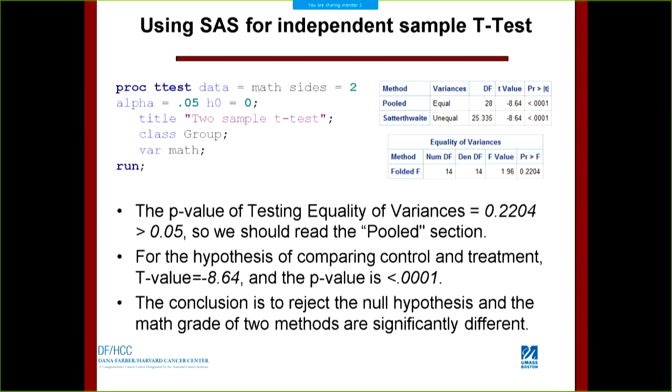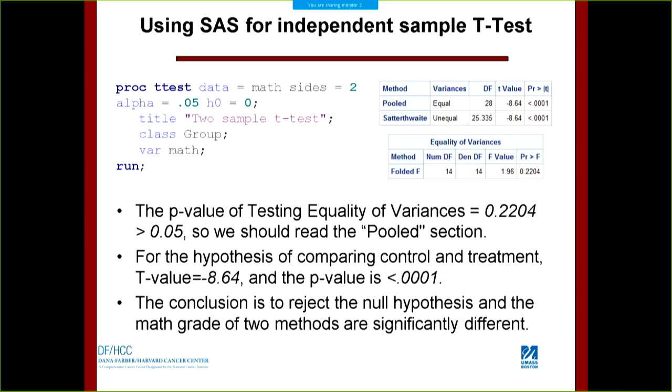The equality of the variance is not rejected, so we can use the pooled t-test here, and those are the same t-statistic values you saw in SPSS. The test of equal means is rejected.